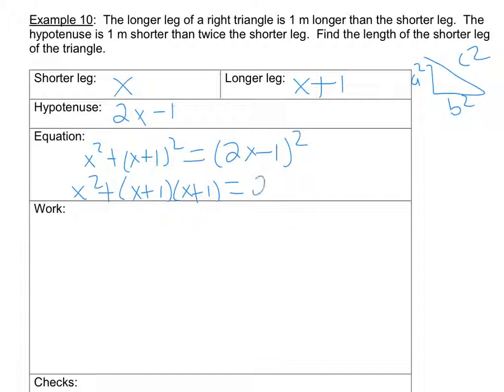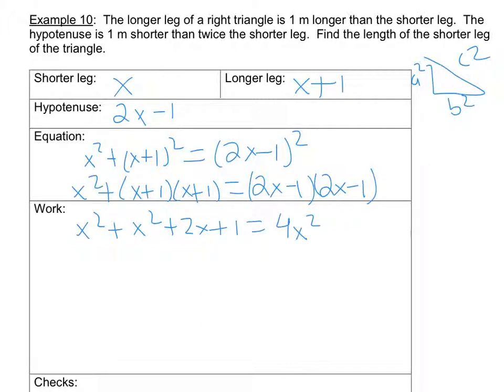And 2x minus 1 squared is 2x minus 1 times 2x minus 1. So then we get x squared plus 2x plus 1 equals 4x squared minus 4x plus 1. Combine like terms.